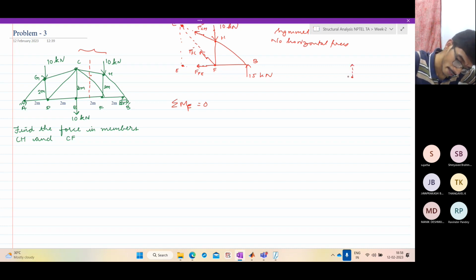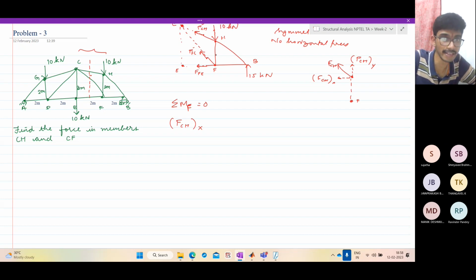At this point, you have something like this. This is FCH, this is the FCH vertical component, and this is the FCH horizontal component. The vertical component also acts through the point F, so this will also not contribute. What are the contributing moments? We have the FCH horizontal component acting through a distance of, how much is this height? 2 meters. I hope I'm right. Yeah, 2 meters.